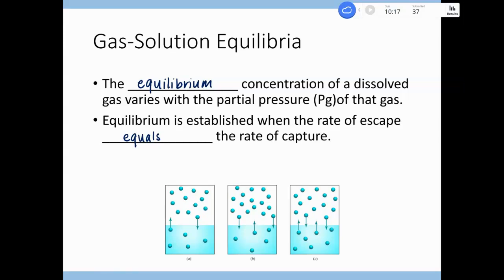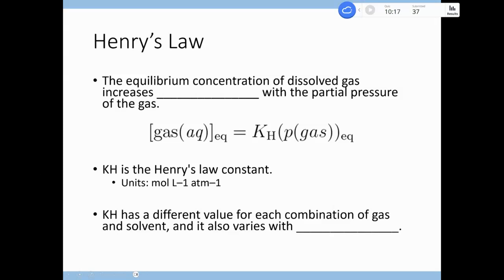So Henry's law, which is on the next slide, relates the concentration of the gas in solution to the pressure of the gas in the atmosphere. The equilibrium concentration of the dissolved gas in the liquid increases linearly with the partial pressure of the gas.